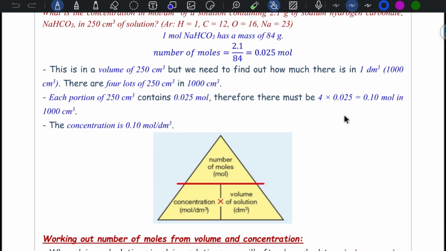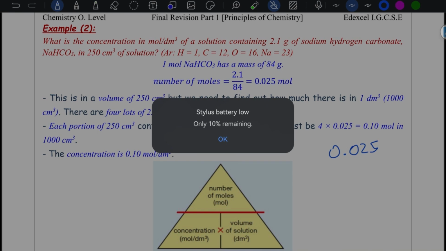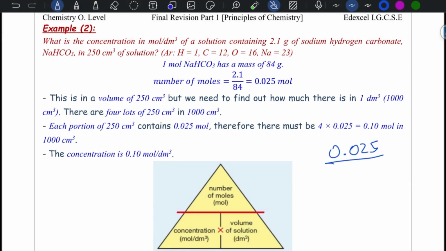Multiplied by 5, it's like you can try it as 0.025 divided by 0.25. This value divided by 1000.